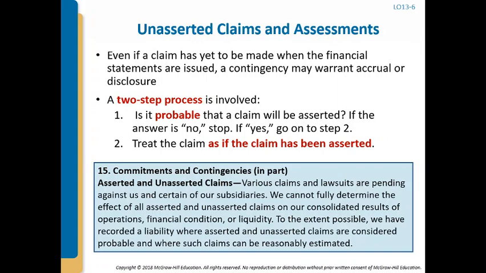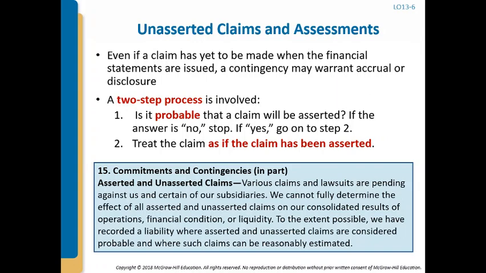And so, again, just like any other situation where a claim has been asserted, you have to go through that two-step process of determining the likelihood of an unfavorable outcome and whether a dollar amount can be estimated. Okay, so ask yourself, will a claim be asserted? Is it probable that it will? If the answer is no, don't do anything.